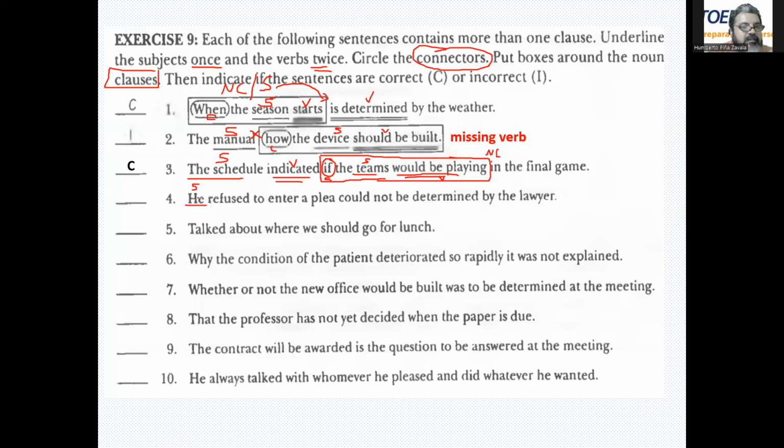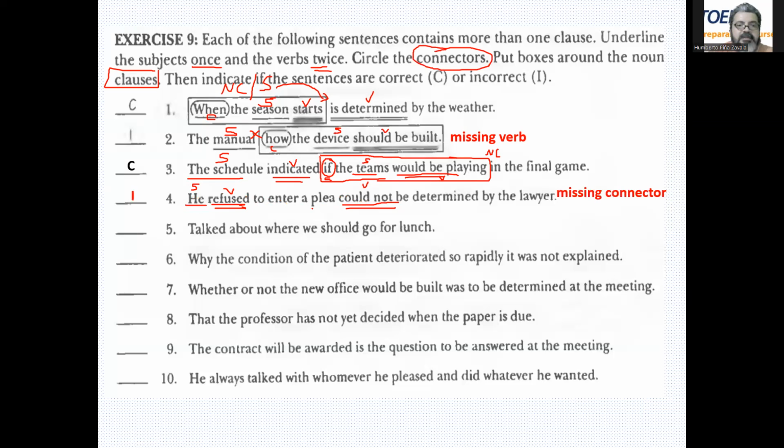"He refused to enter the plea, could not be determined by the lawyer." Okay, here we've got a couple of problems. First, there is no connector, and there's no subject for the verb could not.